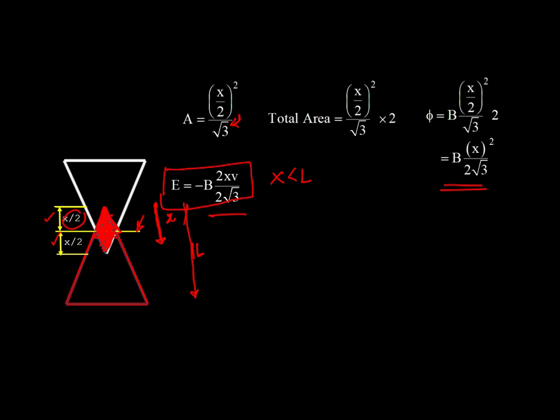Okay, what happens when x is more than L? Again, I'm taking this situation again, and now the coil is moving by a distance x, which is more than L, like this. So it has moved a distance more than L. See, this is the position of vertex initially.